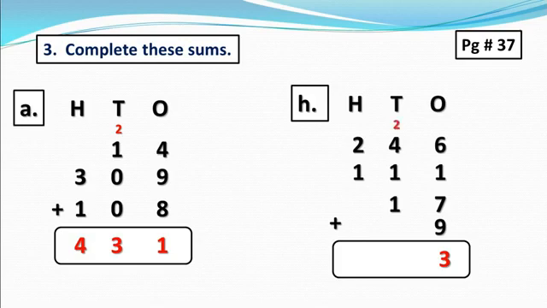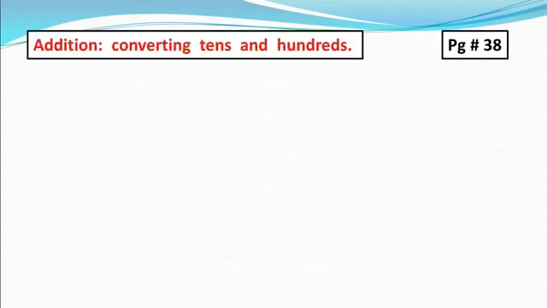Now add these tens. 2 plus 4 equals 6. 6 plus 1 equals 7. And 7 plus 1 equals 8. 8 tens. Now add hundreds. 2 plus 1 equals 3. 3 hundreds. So the answer is 383.